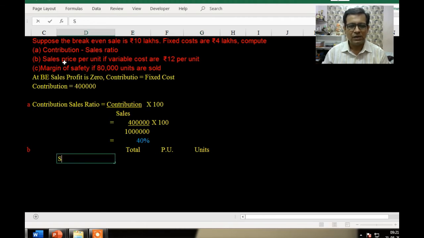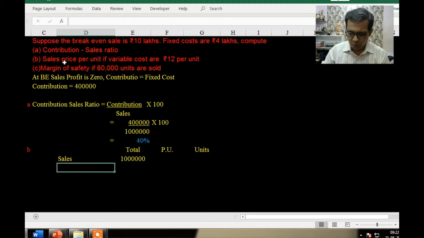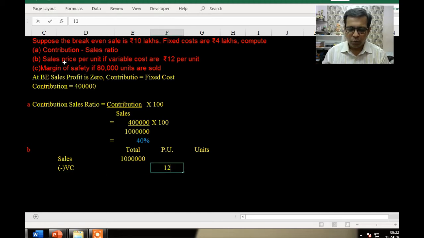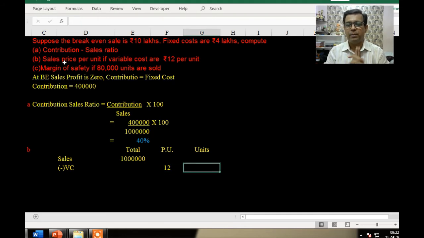Now sales, how much they have given us? They have told that the sales are 10 lakh. We don't know the per unit price. That's okay. We need to find that. But we know that they have given us variable cost, which they are saying is 12 per unit. Now guys, understand this carefully. Variable cost is given to us at 12 per unit. What is our total variable cost?